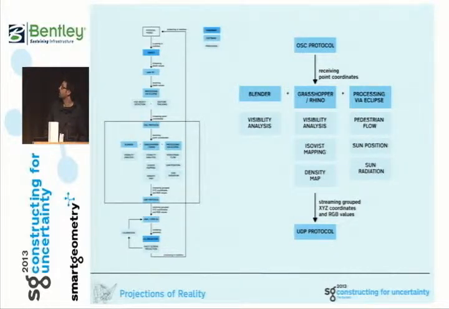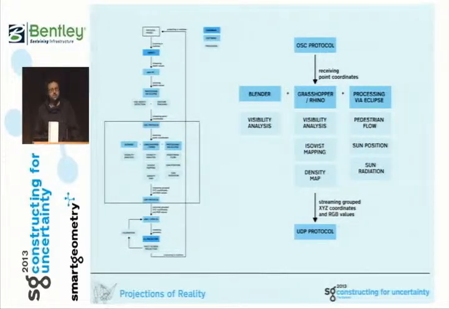So basically we use this OSC protocol, which is very widely spread, and it's very easy to take all these points that we get from the scanning and feed them into other programs. Like in our case it was Blender, Grasshopper and Rhino, and Processing via Eclipse.